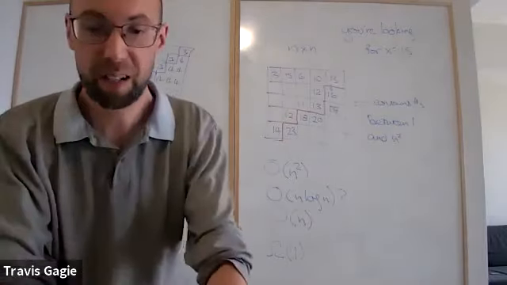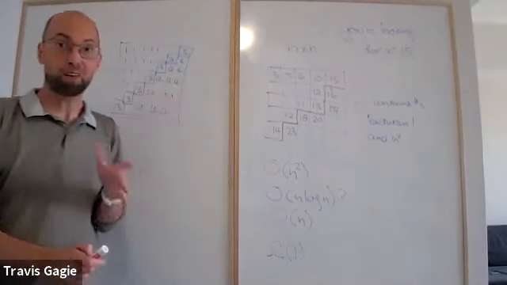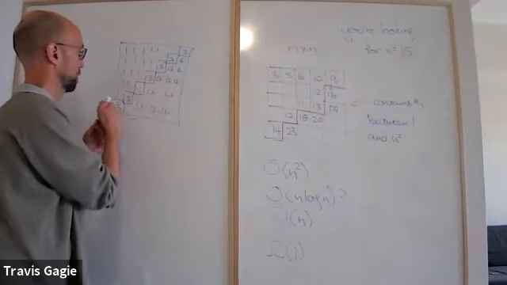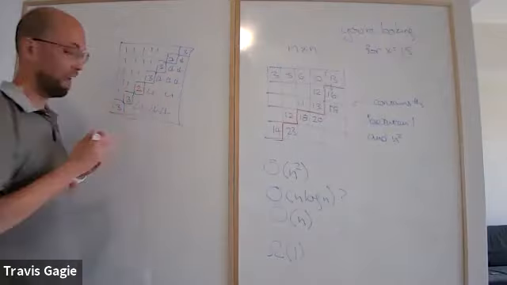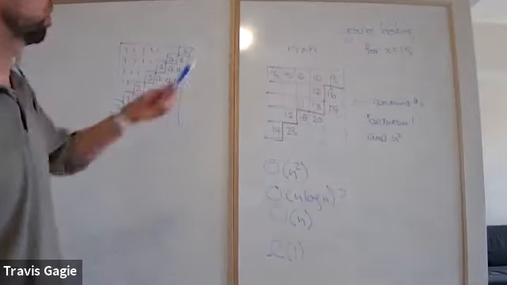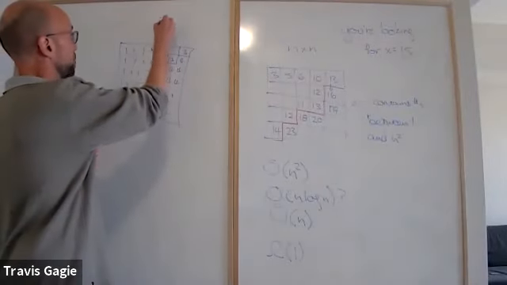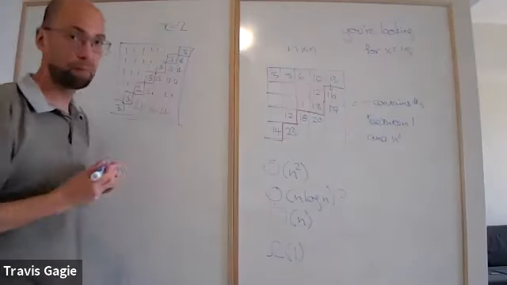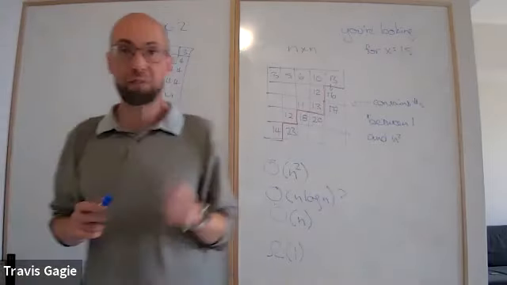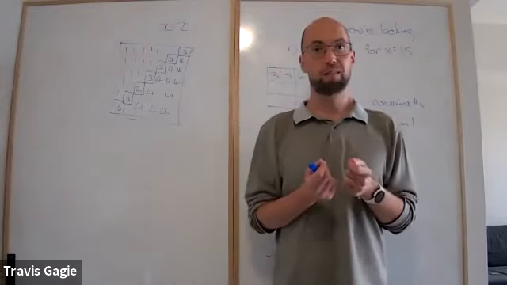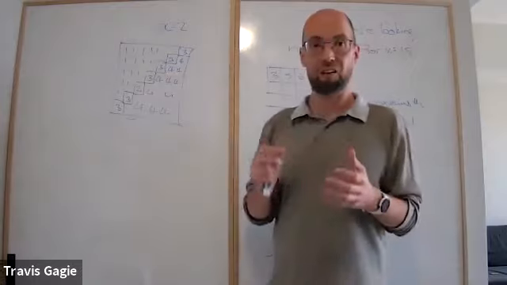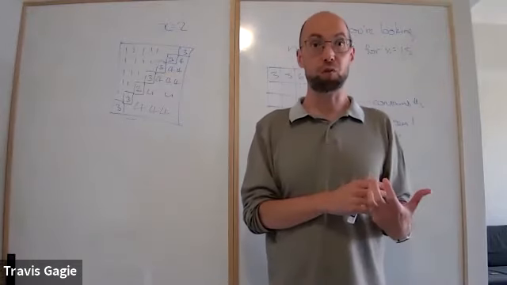Except maybe they're all threes, or maybe one of them is a 2. And you're looking for, oh, I should have done this with 15, but let's say you're looking for x equals 2. You have to check the whole diagonal. If you don't check one cell on the diagonal, maybe that's where the 2 is.